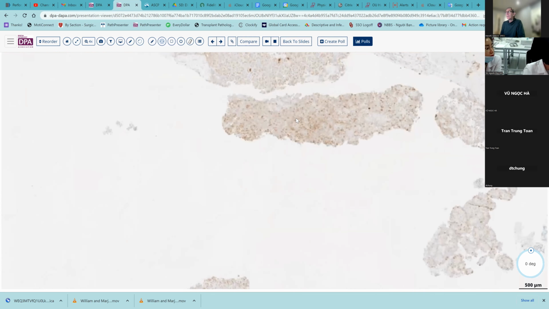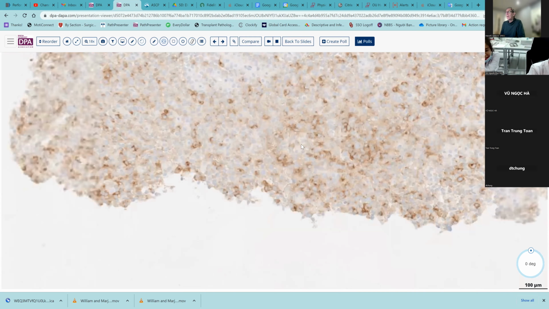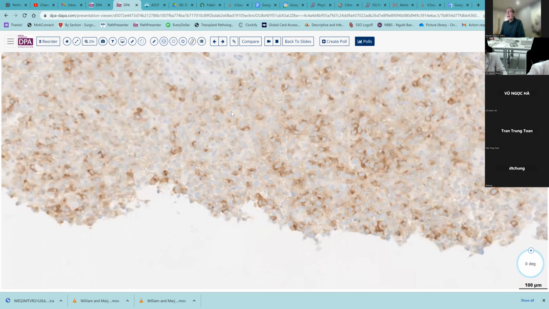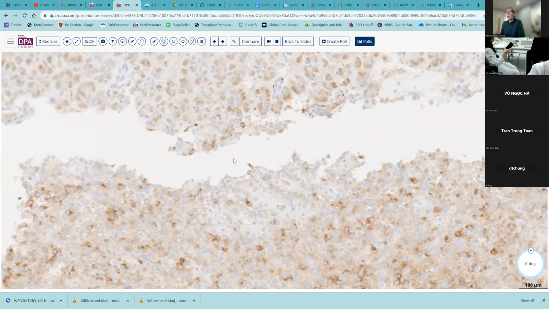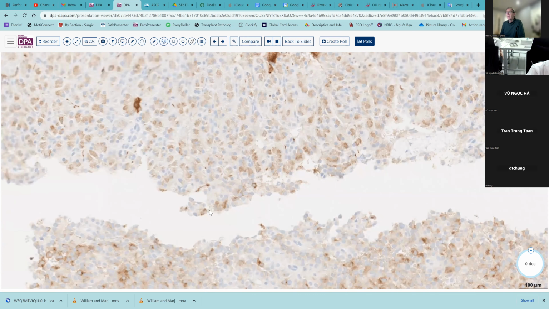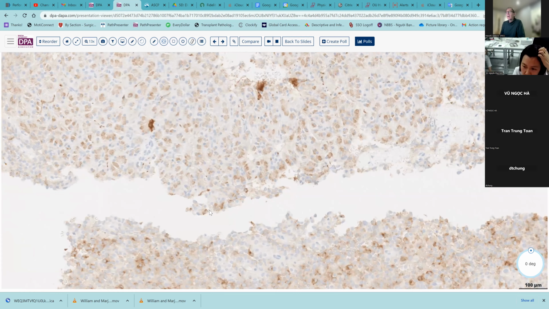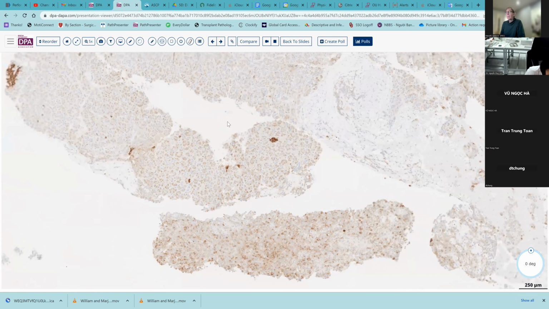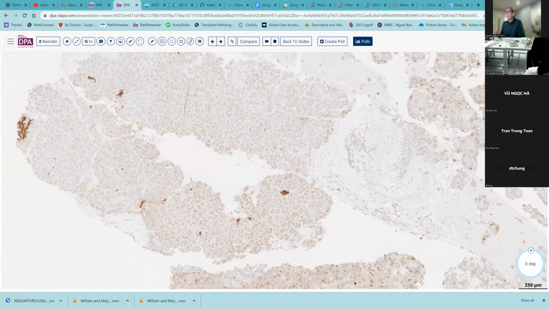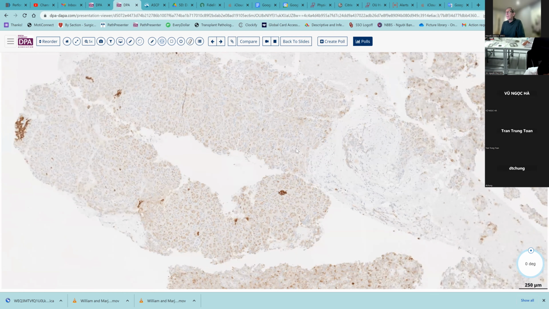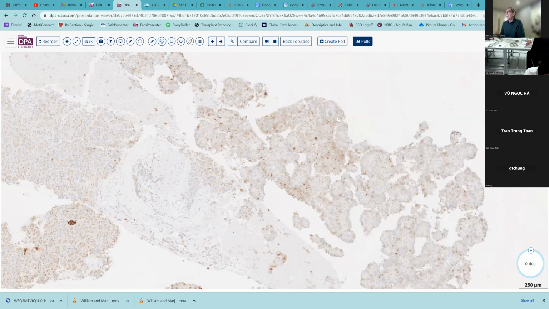So you can see there's some positive staining in this lesion. And this is the pitfall, because sometimes this tumor can be mistaken for a neuroendocrine tumor because of this positive staining. And you'll have some nice positive staining in the islets here. But this is a solid pseudopapillary tumor.